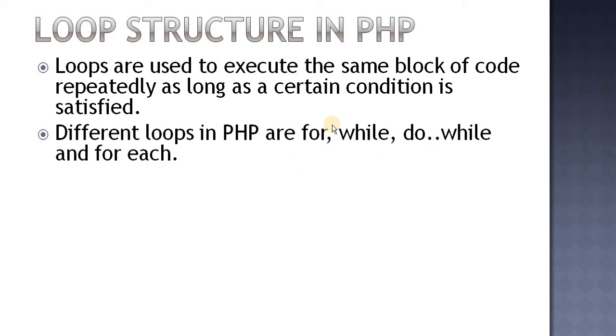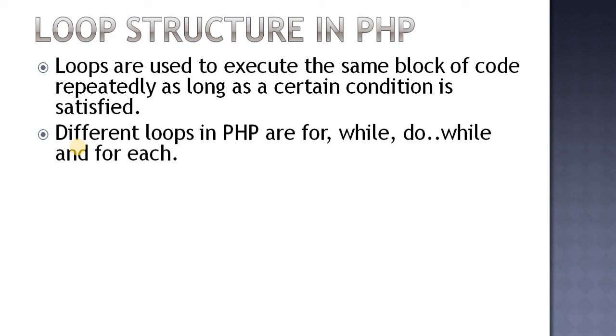Out of these, for, while, and do while we have studied in JavaScript and they are the same as we use them in JavaScript. We have a different loop over here, foreach. The foreach loop is used with arrays.